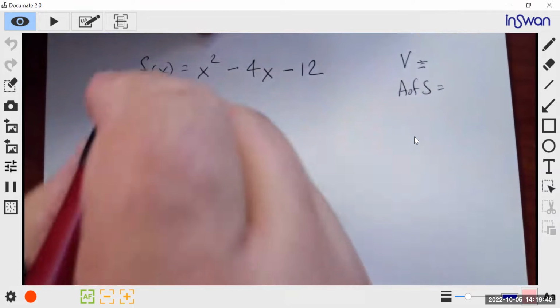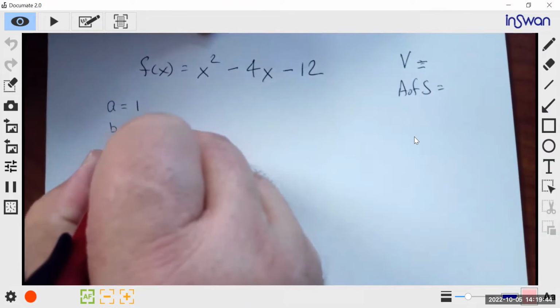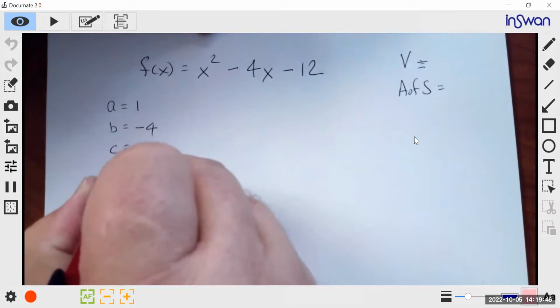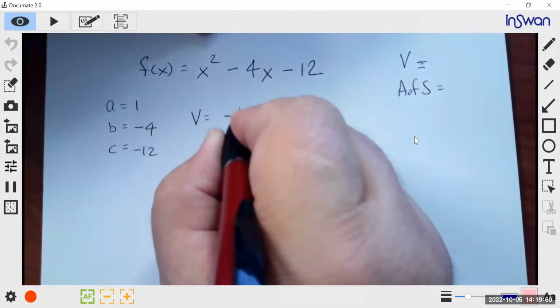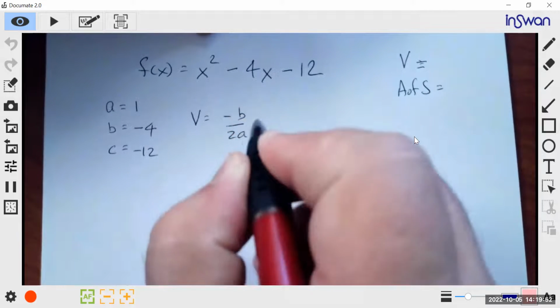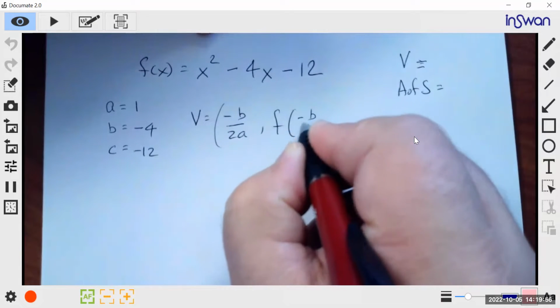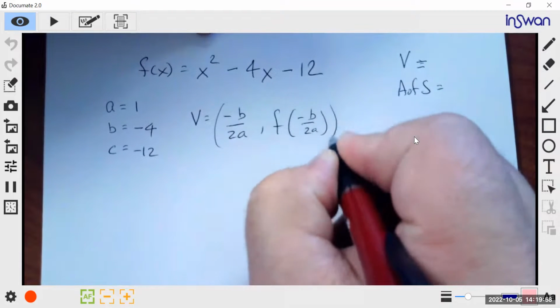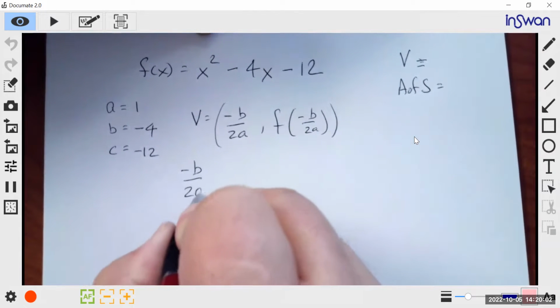A, B, C. What's A? B and C. So the formula for the vertex is negative B over 2A. And then whatever that is, we plug it inside the equation. So what is negative B over 2A?